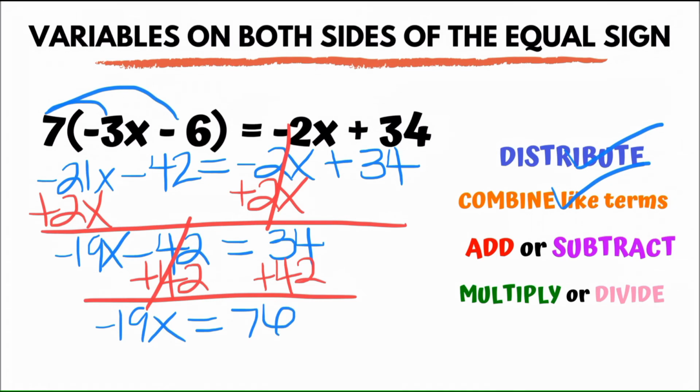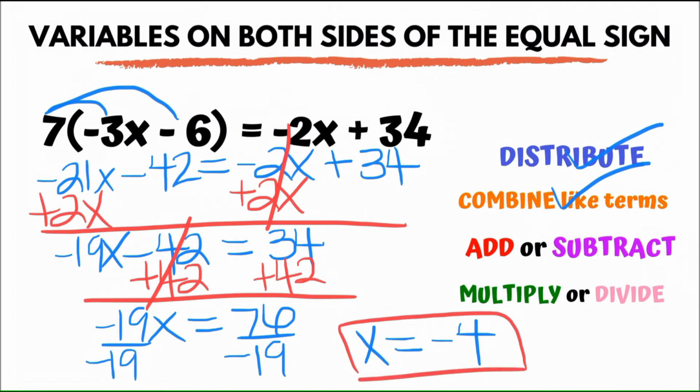And then my last step is to divide. So divide both sides by negative 19. And I get x equals negative 4. And that is it. So I added or subtracted, check, and then I divided, check.